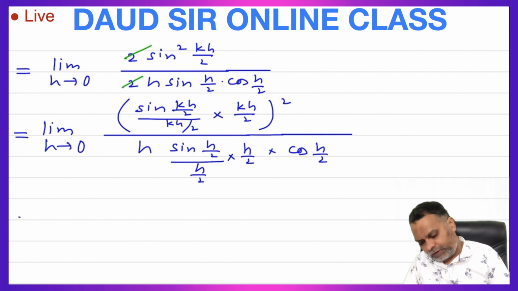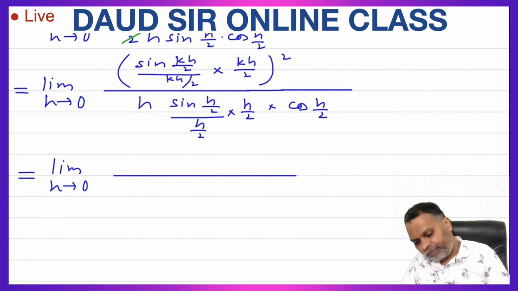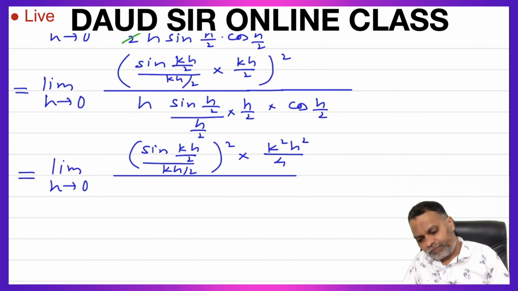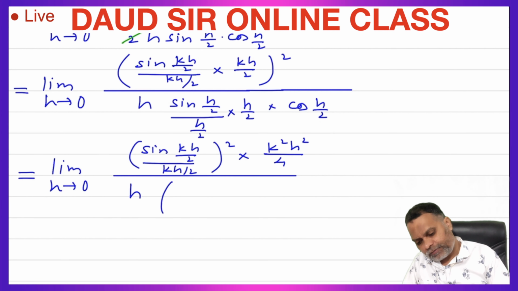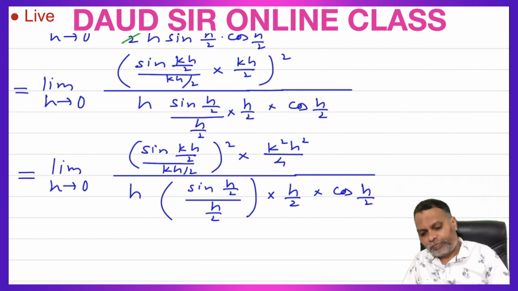Now, which is equal to limit h tends to 0. Carefully, sin(kh/2) upon kh/2 whole square into k square h square upon 4, upon this h into sin(h/2) upon h/2 into h/2 into cos(h/2).